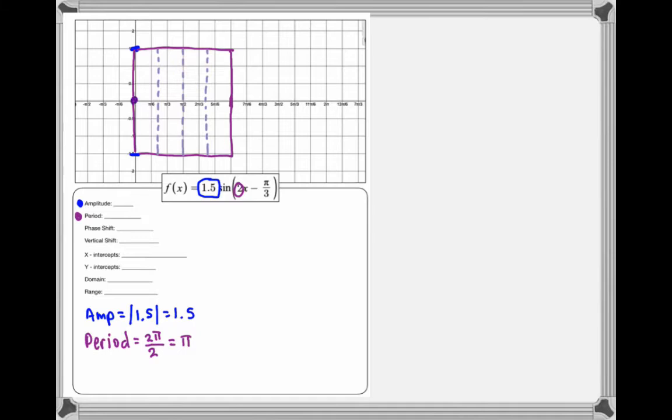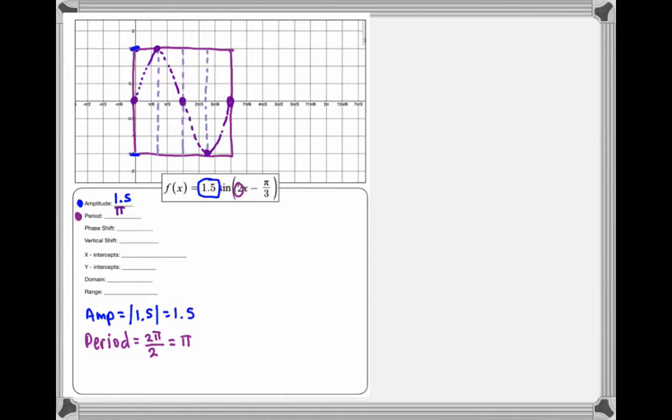It's going to go up, and then down, and then down, and then up. So the sine function itself, with this little dotted line, is going to look like this with the adjusted period and amplitude. The amplitude is 1.5, the period is going to be pi.